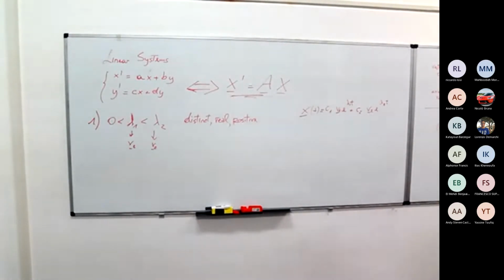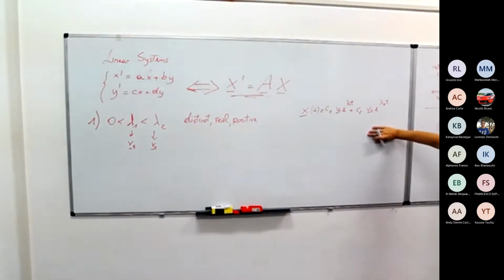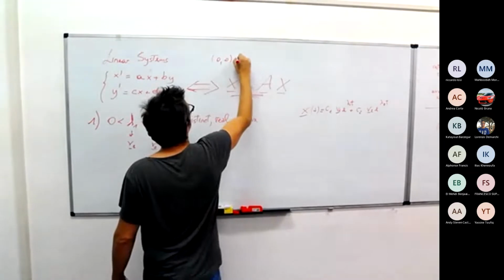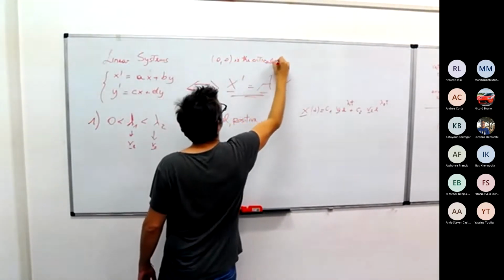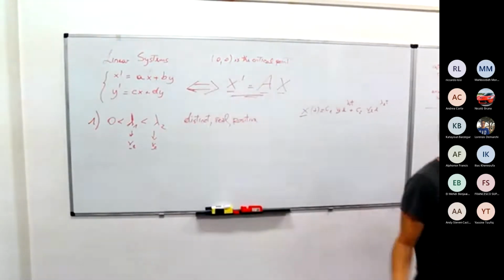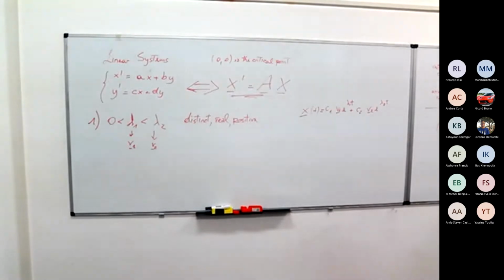So yesterday, the idea was to understand to what kind of critical point 0, 0 corresponds. Remember that the critical point here is 0, 0. So the idea was to understand what kind of critical point 0, 0 is when you have this kind of situation.